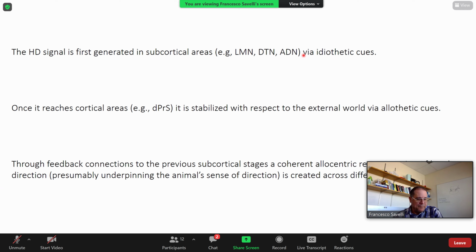So let's just say, what do I have here? Well, this is a transition slide. So the idea is that, okay, now we have understood how path integration works in the head direction cell system, how landmarks and everything. What can we say about all the other cells that we study, place cells, grid cells, especially grid cells? It's like, okay, this works for direction, right? Oh, by the way, there was a last slide in the last lecture. I'm not going to go over it because it's pretty clear.